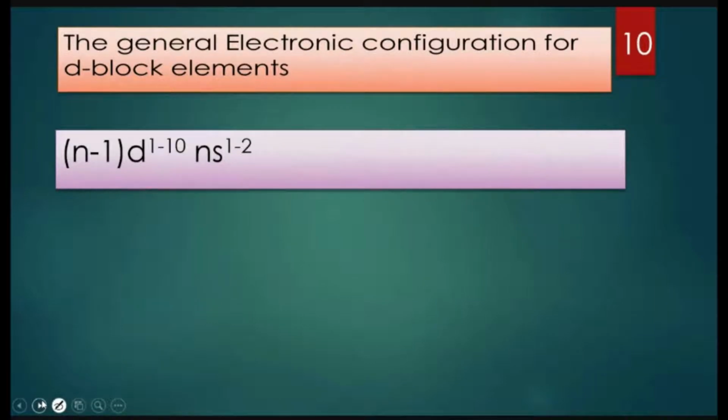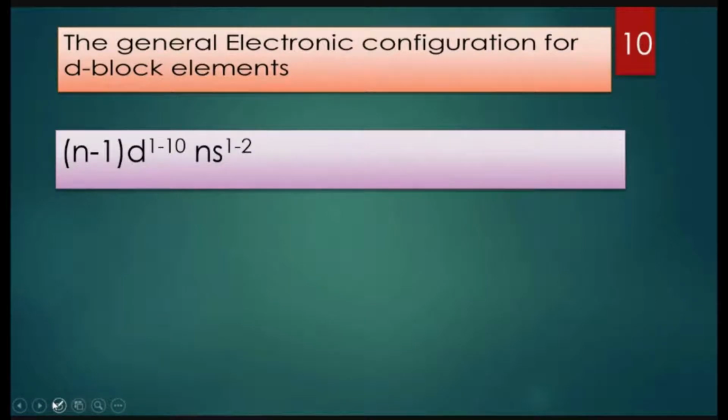So what is this (n-1)d 1 to 10 and ns 1 to 2? Why have we mentioned d 1 to 10? You know that in any d orbital we can accommodate a maximum of 10 electrons, or the maximum capacity of a d orbital is 10 electrons.